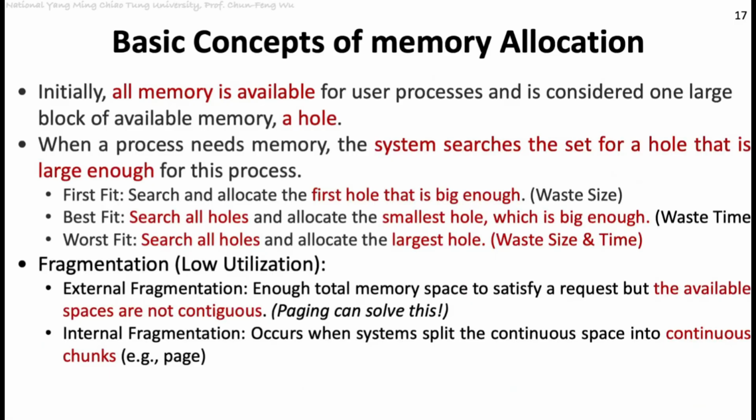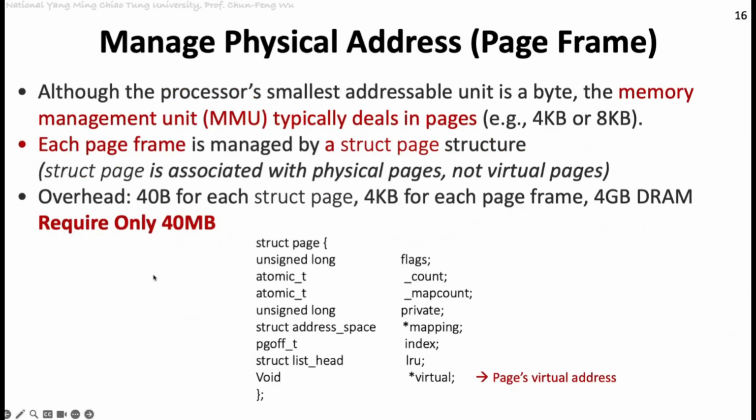If you are going to solve internal fragmentation, in most cases you need a smaller page size. But a smaller page size means you need more overhead to manage it. For example, coming back to the page frame overhead, each page frame is 4 kilobytes, and they have those kinds of fields here.